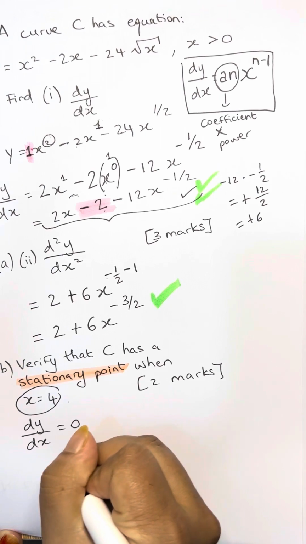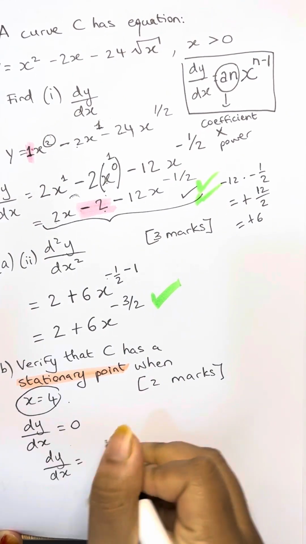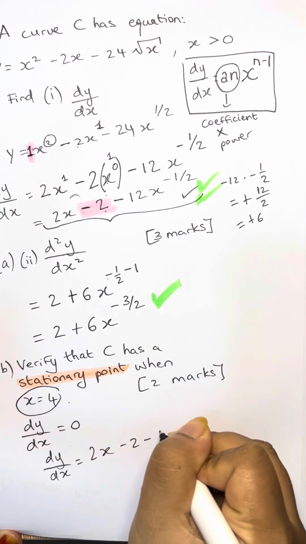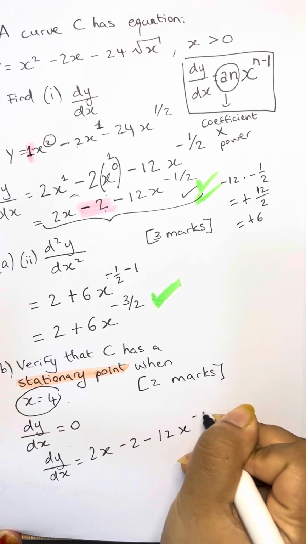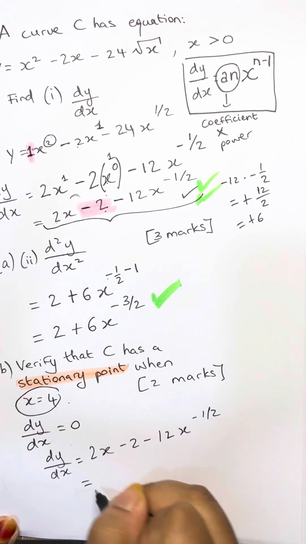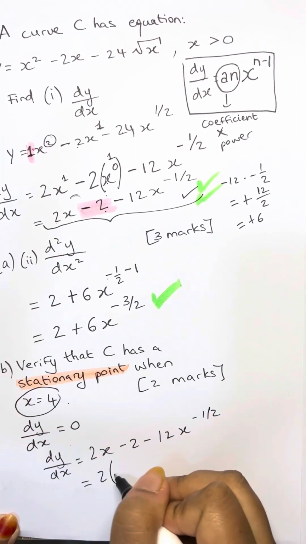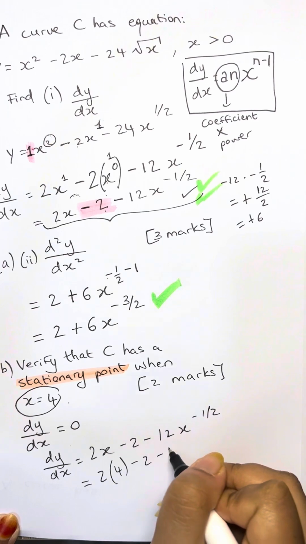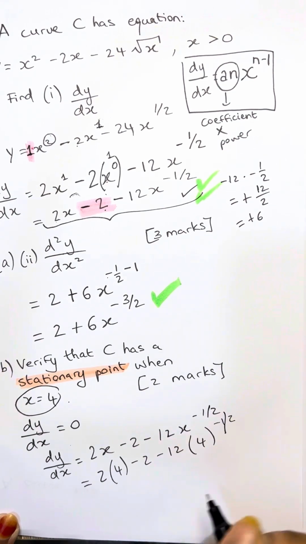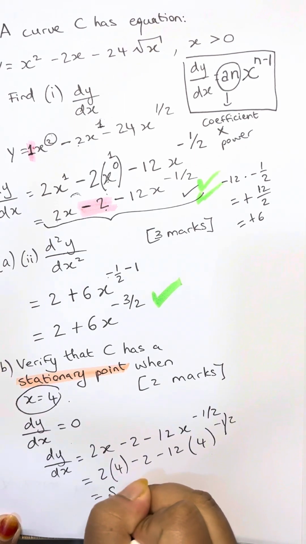So let's rewrite it down. Dy by dx equals 2x minus 2 minus 12 x to the power of minus a half. Yeah. So instead of x, I'm going to substitute it with 4. So 2 times 4, that's just 8.